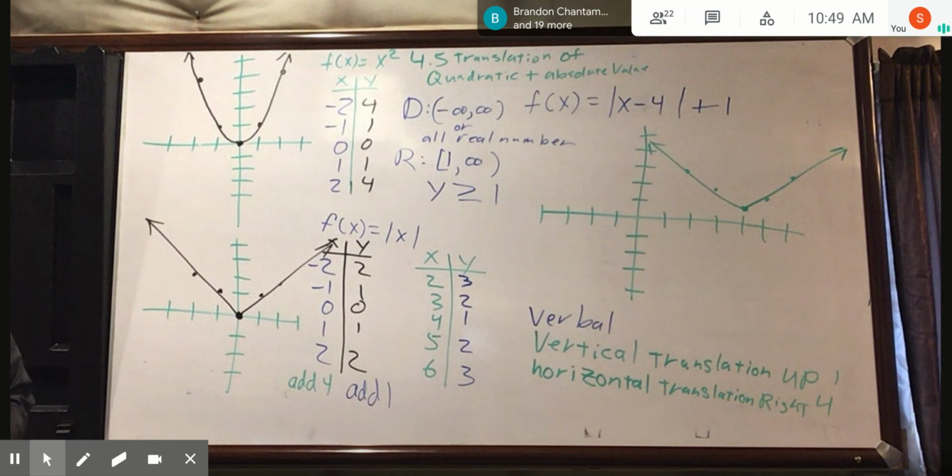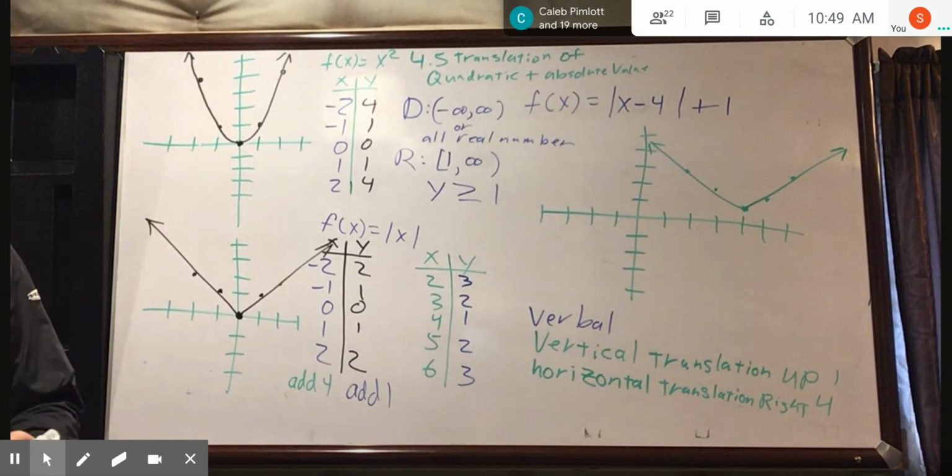Brianna, would you like to do an x squared problem or an absolute value problem? Damani, x squared or absolute value?